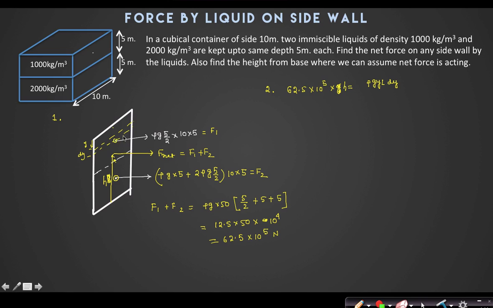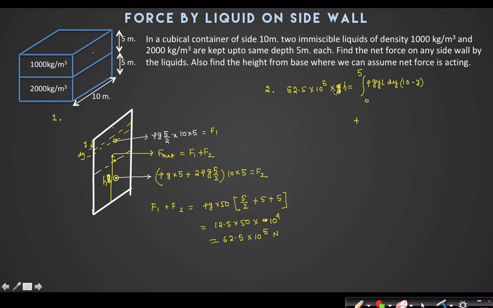What is the distance of this force from point O? Is that distance 10 minus y? Yes or no? Can I take this torque from y equal to 0 to 5 meter?